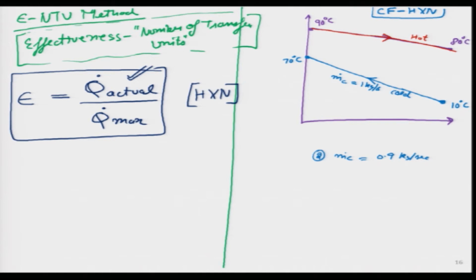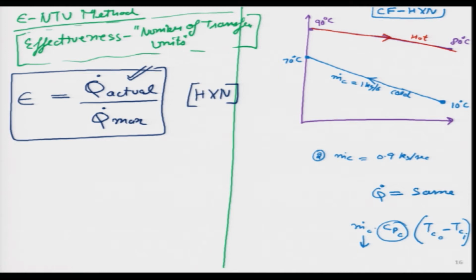Everything else I am keeping the same, which means the total Q dot remains the same as earlier. So m dot C I am reducing, Cp I am keeping the same, which means, sorry, this is not H, this is C, I am sorry. I am writing in blue because this is the cold fluid, so I have to put the subscript C. This temperature difference is T C out minus T C in.